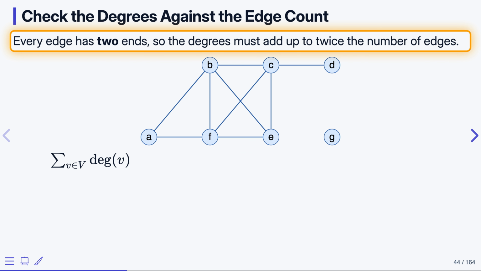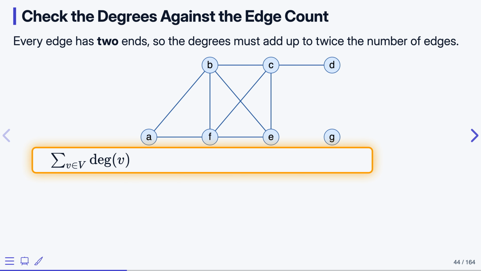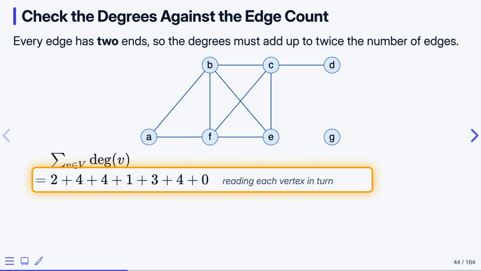This is a check you should always run. Every edge has 2 ends. So when we add up all the degrees, each edge gets counted twice. That means the total must be twice the number of edges. Line 1 is what we want to work out, the sum of the degrees. Step 1. List the 7 degrees in order: 2, 4, 4, 1, 3, 4, and 0.